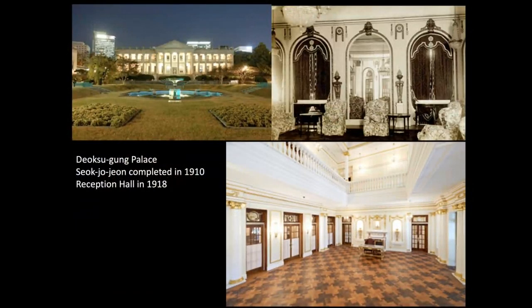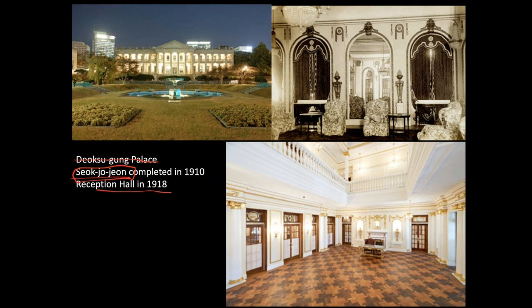And at Deoksugung Palace, that neoclassical building is called Seokjojeon. This literally means stone palace. Instead of wood, this palace was constructed with stone. That's why they called it Seokjojeon. It was completed in 1908, and then in 1910 all the interior was completed.